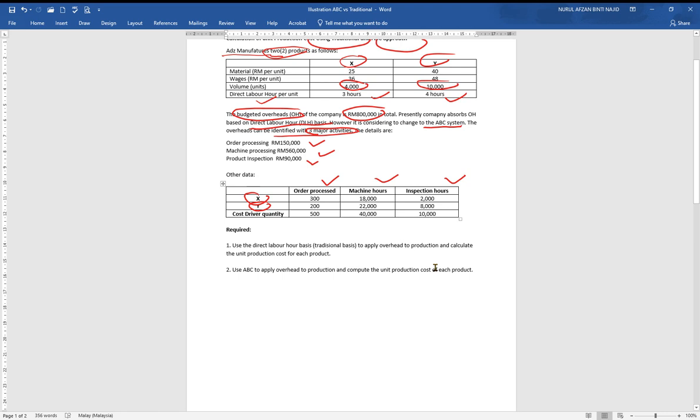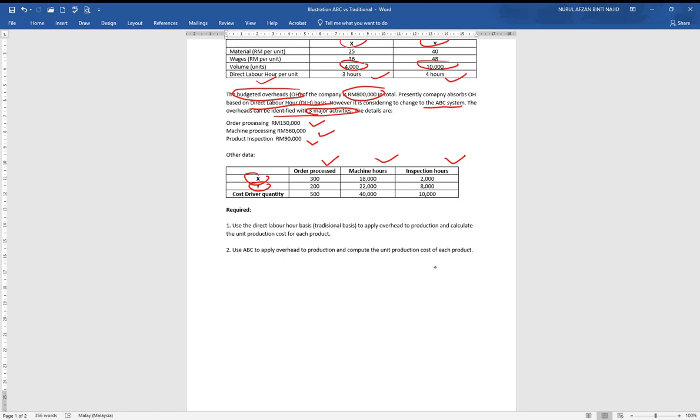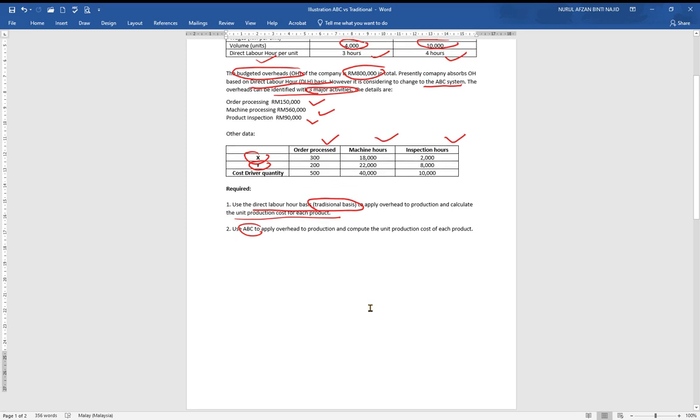And you are required, first, using the direct labor hour basis, which is the traditional basis, to apply overhead to production and calculate the unit production cost for each of the products. And number two, you need to calculate the production overhead by using the ABC system for each of the products.